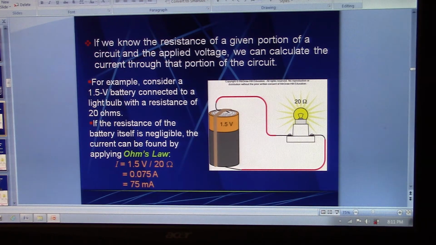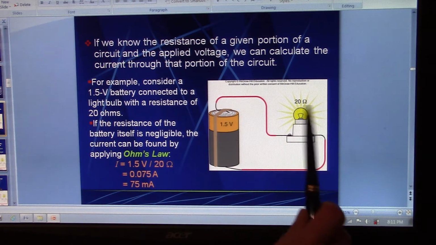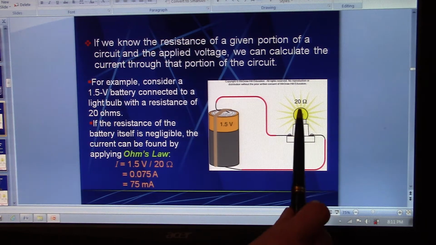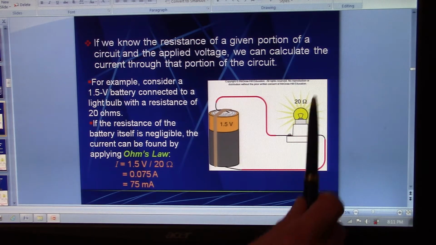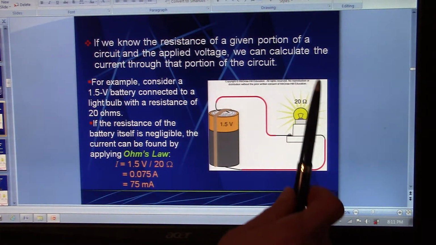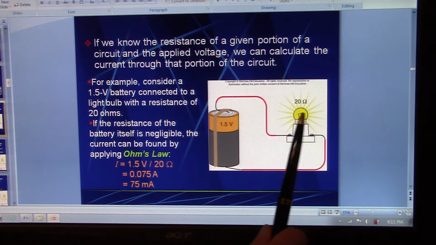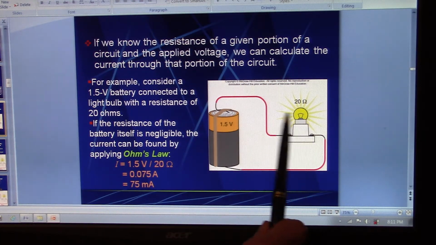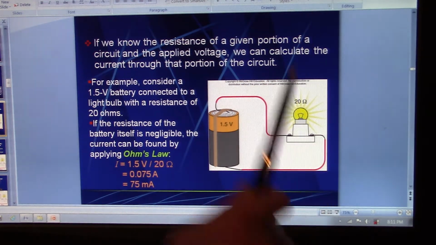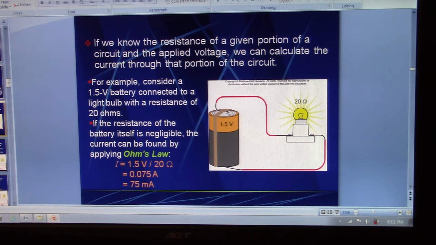That has a resistance. What it means by resistance, it's a little bit harder for the electrons to go through there. They heat up the little element. It gets hot and it emits light. And it's a little bit tougher for the electrons to go through that. It's called a resistance. So there's three parts to an electric circuit.